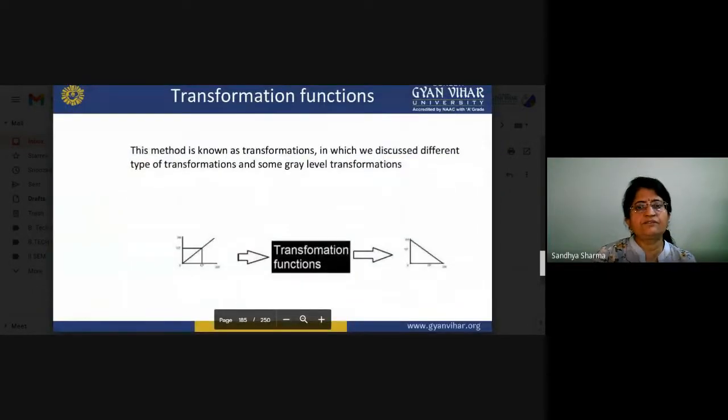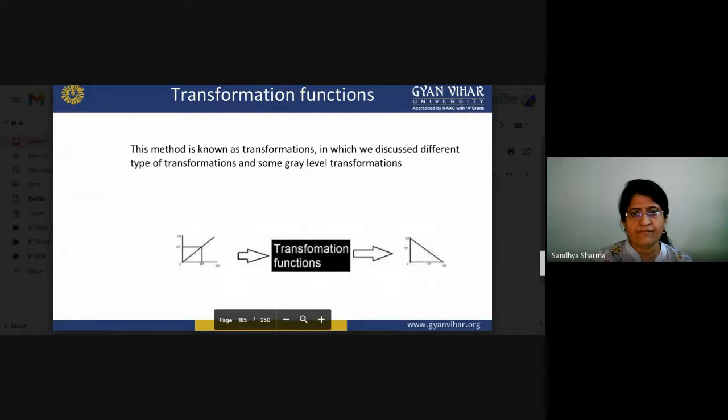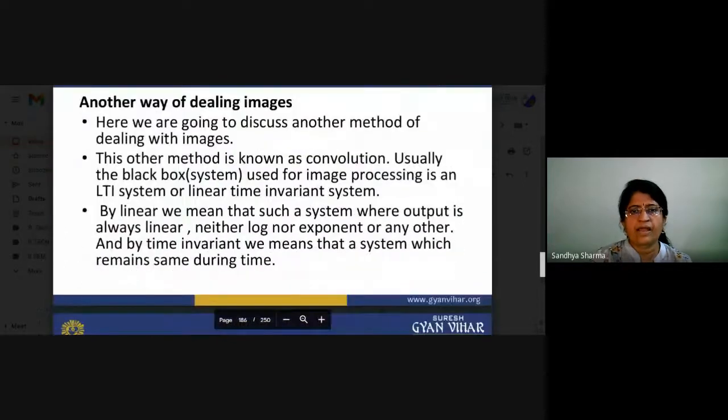Now transformation functions: this method is known as transformations, in which we discussed different types of transformations and some gray level transformations. We have already studied gray level transformations in our previous lectures. So these are the two methods we have dealt with.